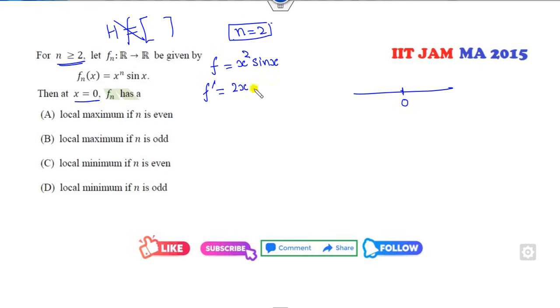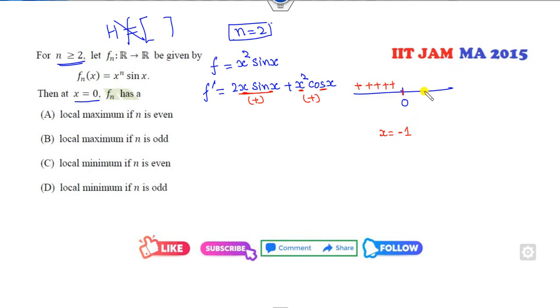It is 2x sin x plus x square cos x. Now look at any value less than 0, say x is minus 1. This number is negative, so the whole term is positive. This number is positive. Cos of negative is also positive. So this number is positive.